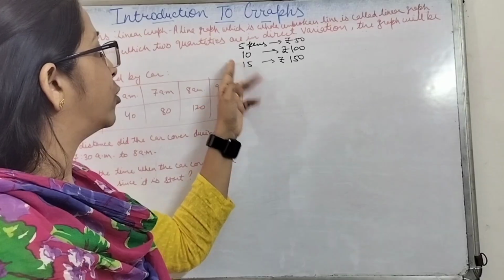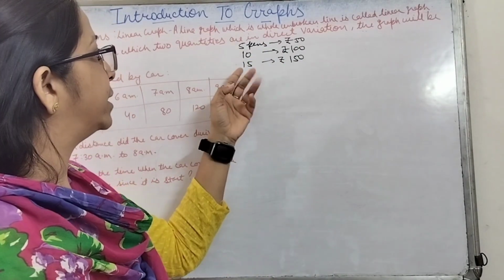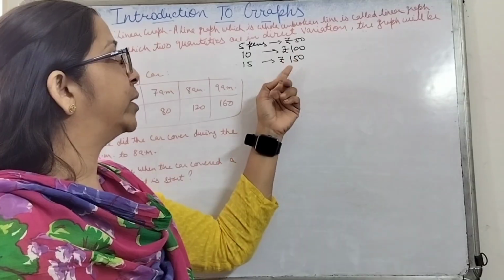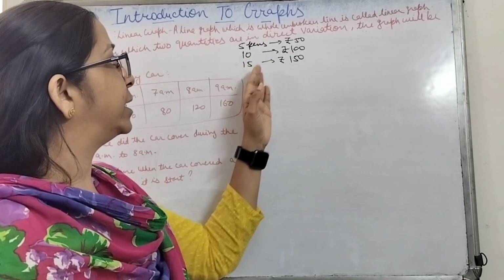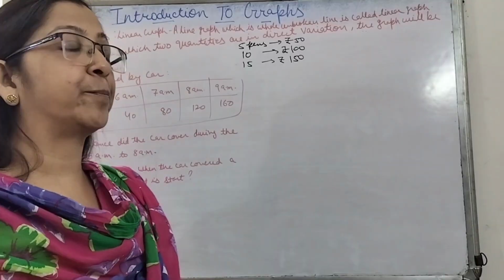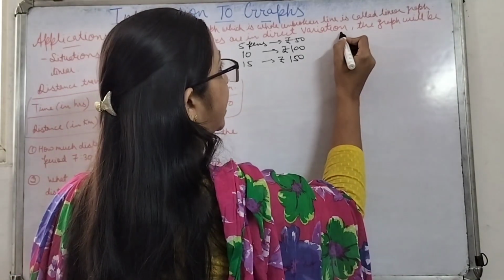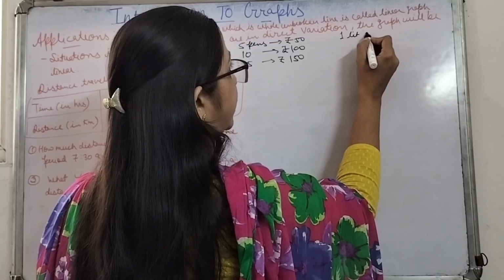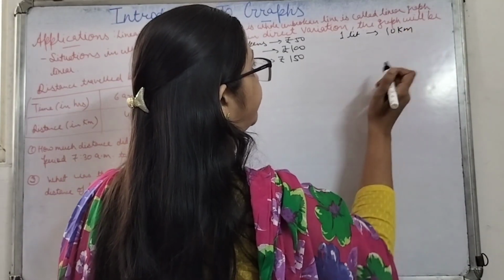So with the increase in one, the other is also increasing. One of the quantities is the number of pens, and the other quantity is the amount paid to the shopkeeper. Similarly, we can take another example. If we have 1 liter of petrol in our vehicle, then the distance traveled is 10 kilometers.